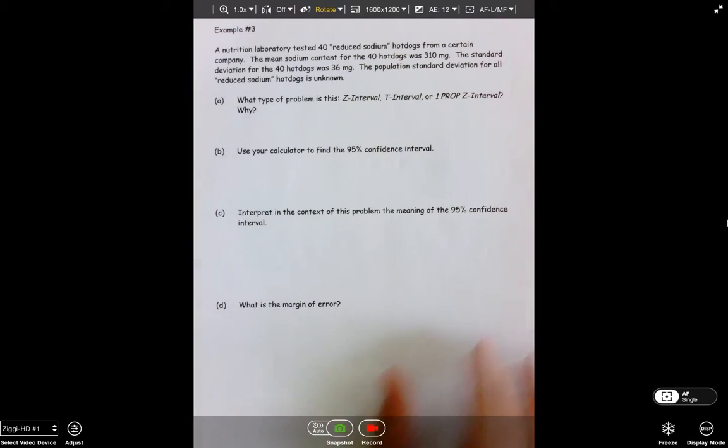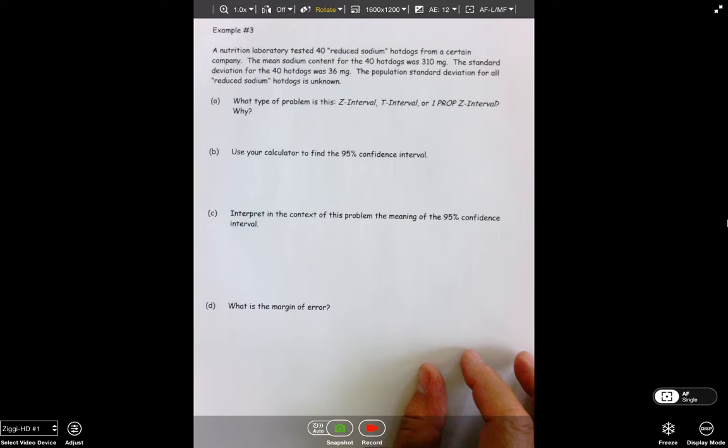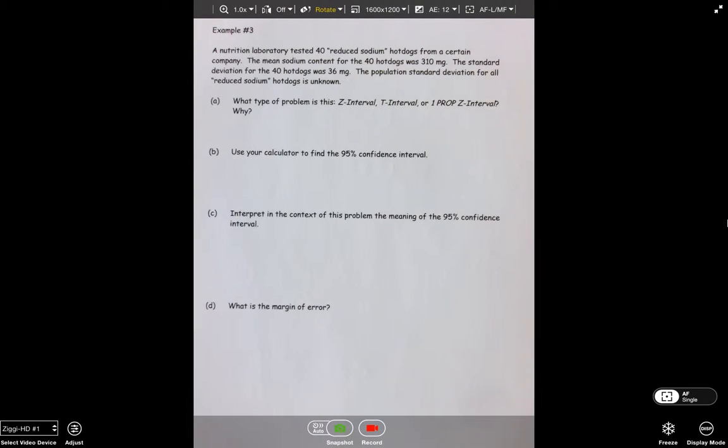All right, example 3, a nutrition laboratory tested 40 reduced sodium hot dogs from a certain company. The mean sodium content was 310 milligrams. The standard deviation for those 40 hot dogs was 36.